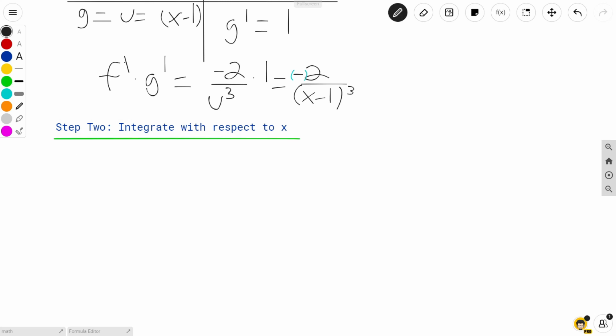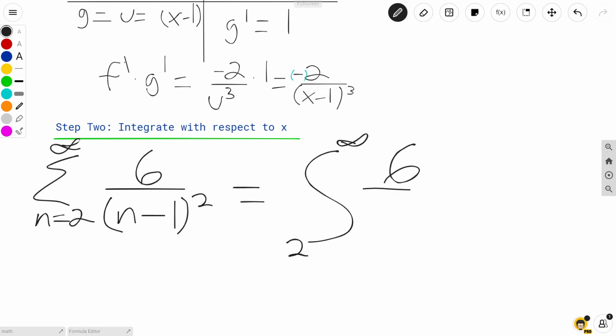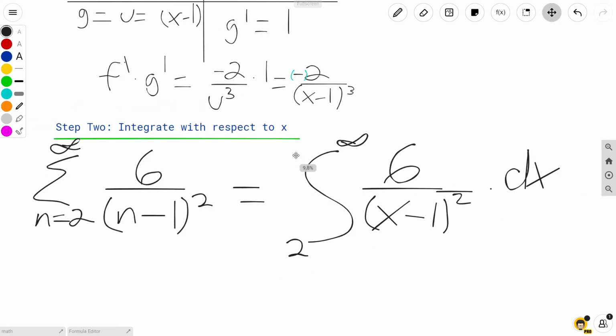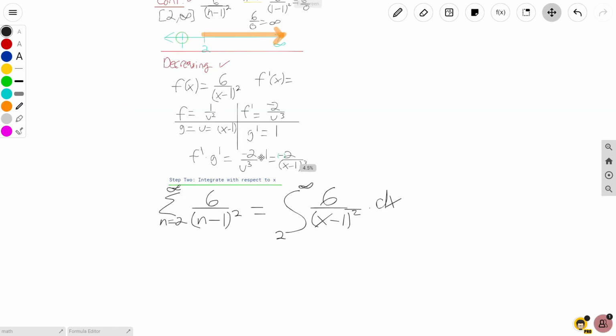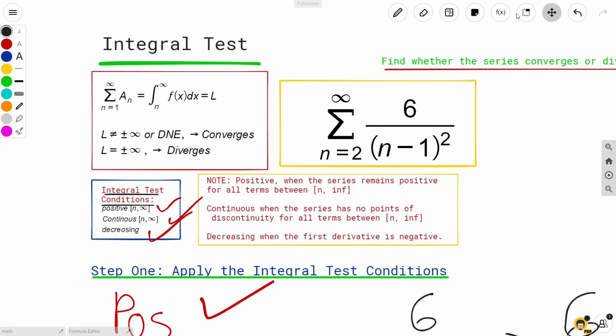So our series, as n equals 2 to infinity of 6 over n minus 1 squared, we can then say that the integral from 2 to infinity of 6 divided by x minus 1 squared dx. And where am I getting this from? I'm getting this from this formula right here. So I'm going to go ahead and copy and paste this formula as well as its conditions.